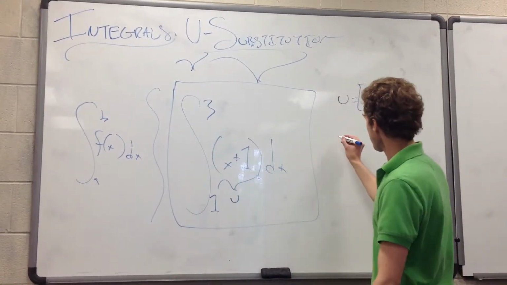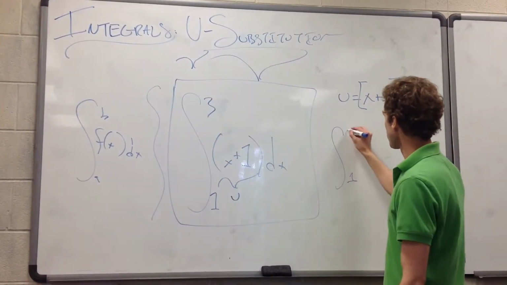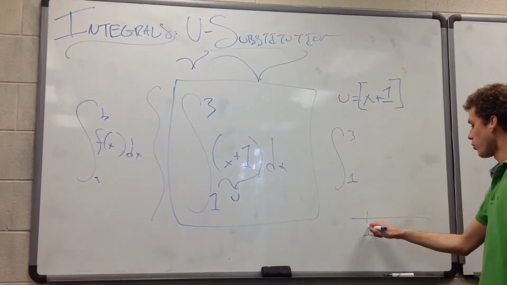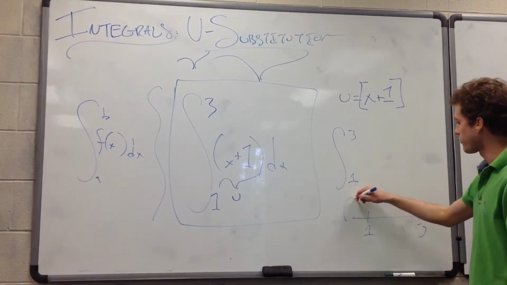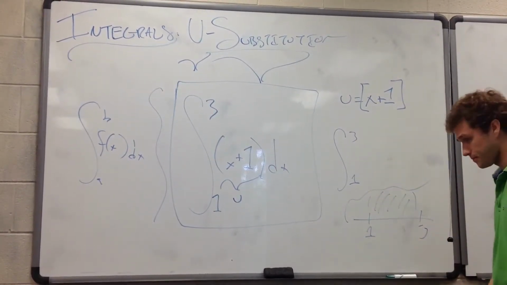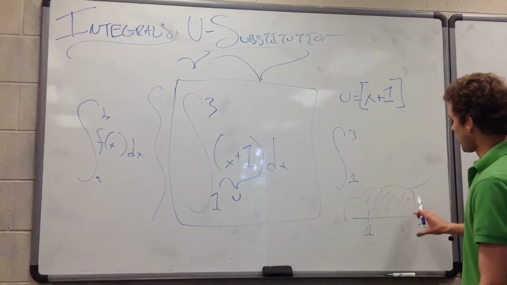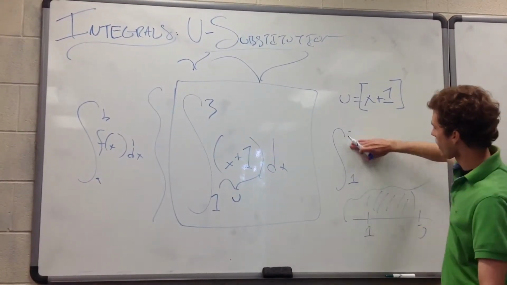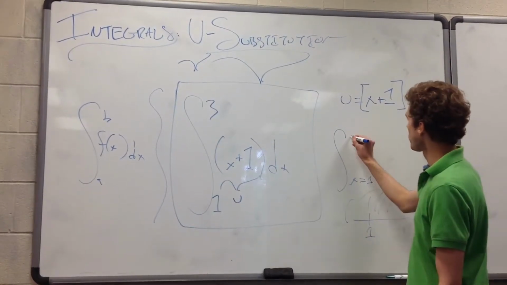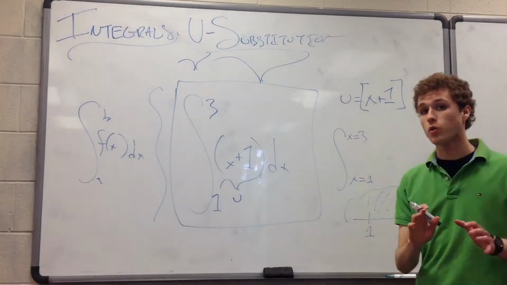So in this integral, when we have 1 and 3 here, these are points on our x-axis, 1 and 3, and the function's doing something over them, and we're measuring the area in between here, right? So since these are points, let's rewrite them as x equals 1 and x equals 3.